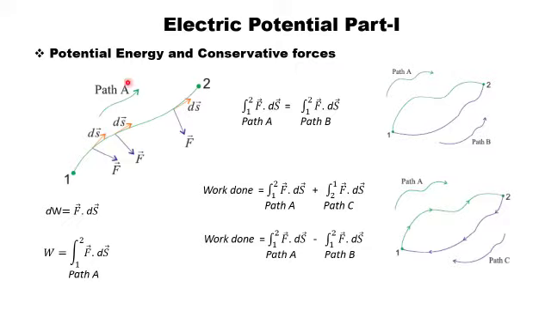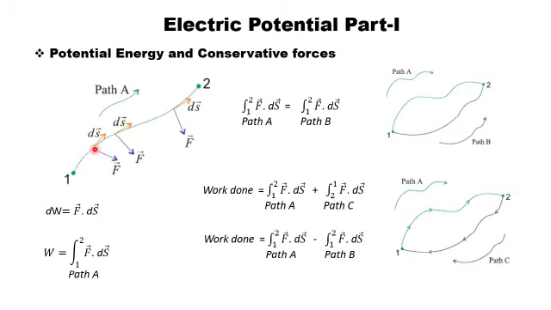To describe this, we consider a curved path A, where a charge is moved from point 1 to 2 by an electric force F. dW is the work done by the electric force when a charge is moved by this force through a small distance ds.